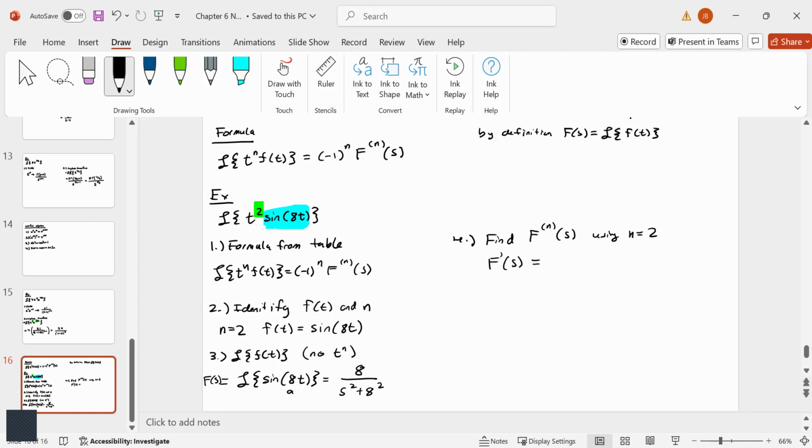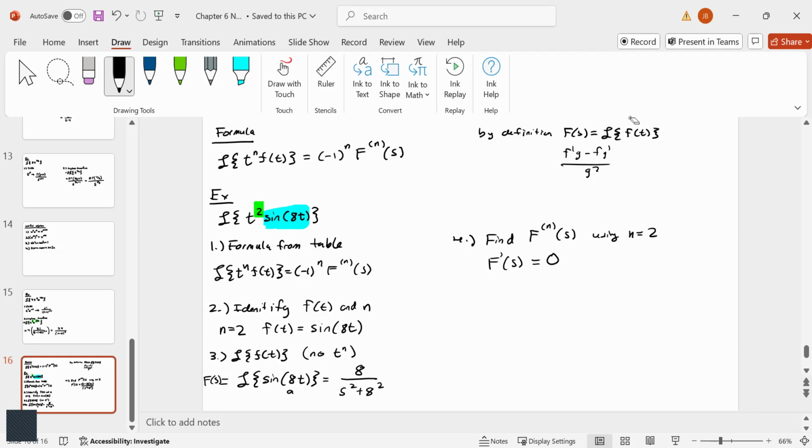So the quotient rule says f prime g minus f g prime over g squared. You could do the chain rule using the property of exponents by bringing it up, but let's just do the quotient rule. So 0 minus the derivative of that. The derivative with respect to s is going to be 2s over s squared plus 8 squared, right?